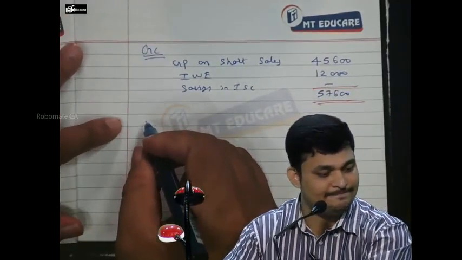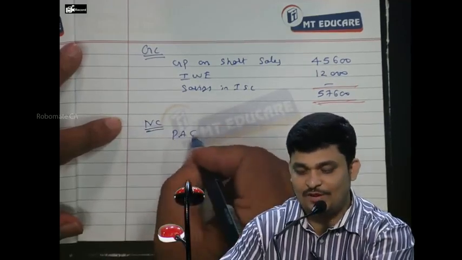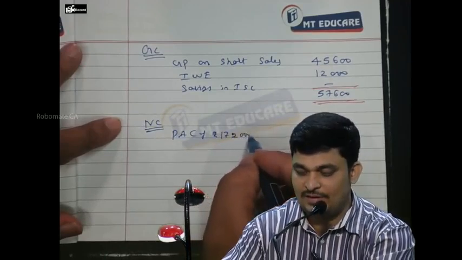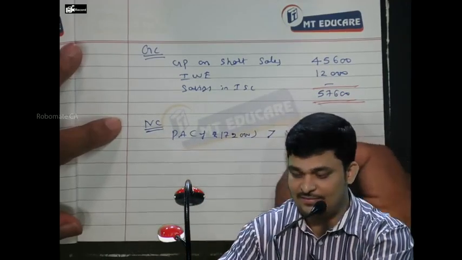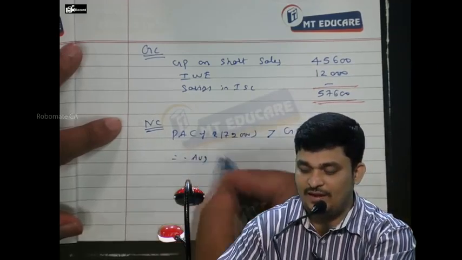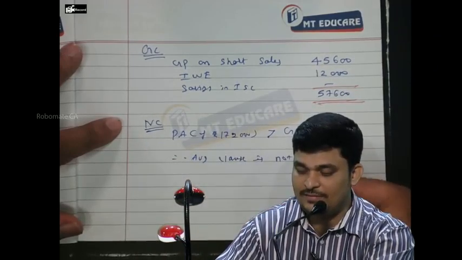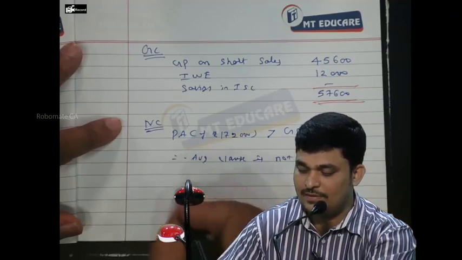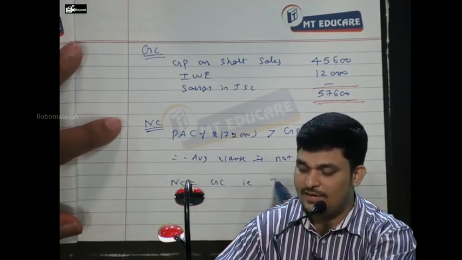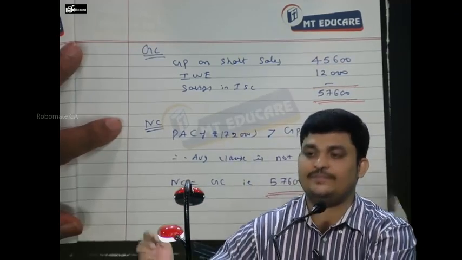Then we have a net claim, policy amount of rupees 1,70,000 is higher than GP on, therefore average clause is not applicable. So net claim equal to gross claim, that is 57,000. That's all. Claim.